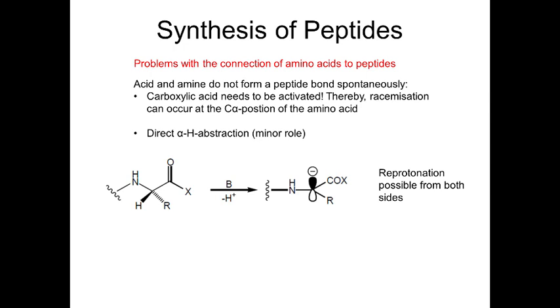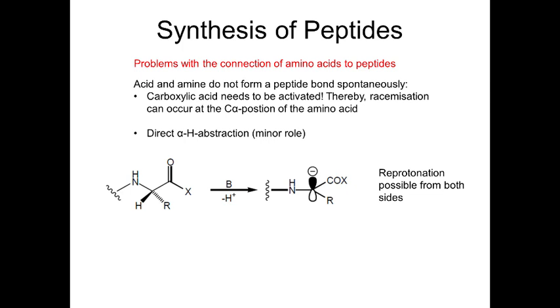When a base directly removes the hydrogen at the C-alpha position, you form an sp2 hybridized carbon, and reprotonation can now take place from two sides, from top or from bottom, and via this you generate a racemate. That means that 50% of the L and 50% of the S enantiomer are then present in your reaction mixture.